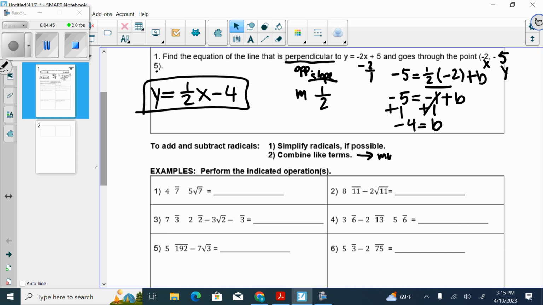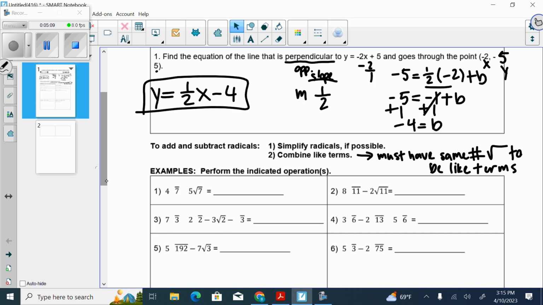So must have same number under the square root to be like terms. And if they're not like terms, then we can't put them together. Okay?